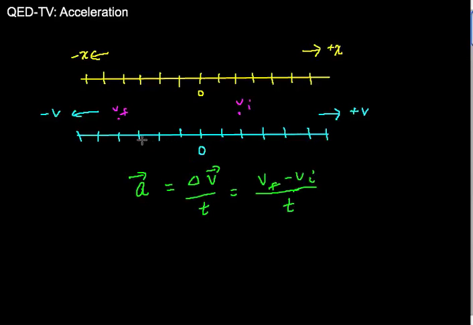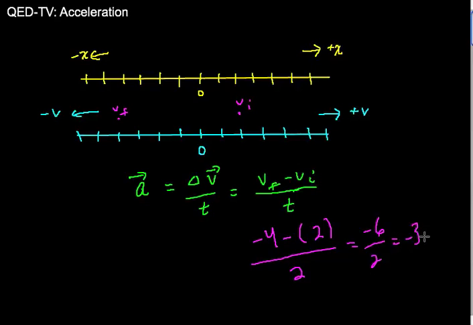My final velocity is negative 4, minus the starting velocity, which is 2. And we'll say it took 2 seconds to do this whole thing. So I have negative 4 minus 2, which is negative 6, divided by 2, equals negative 3 meters per second squared. Negative 3 meters per second squared is my acceleration.